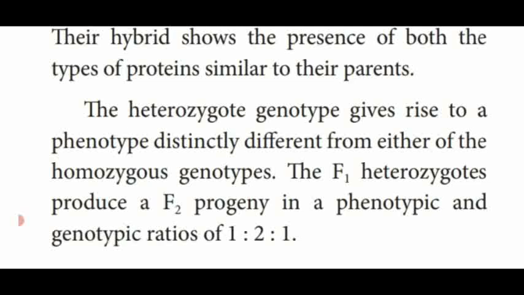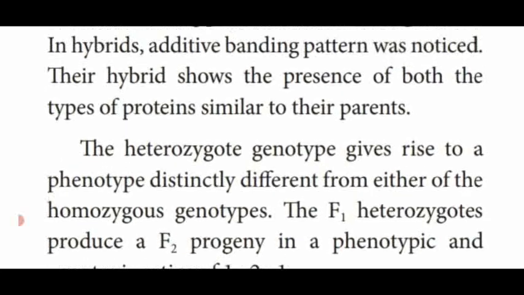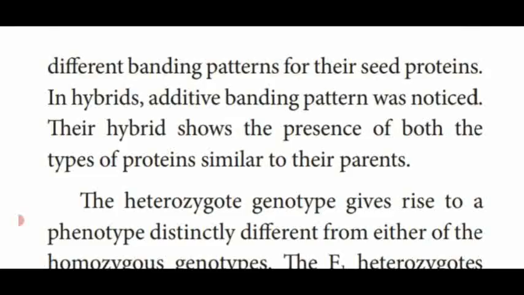So this codominance proves that the heterozygote genotype gives rise to a phenotype totally different from the homozygous genotype. The F1 heterozygote produces the F2 progeny in a phenotype and genotype ratio of 1:2:1. So that is said to be codominance, which is proved in the Gossypium species.